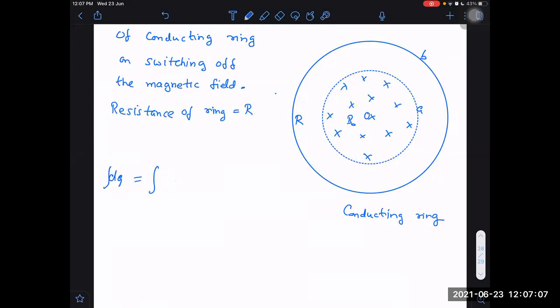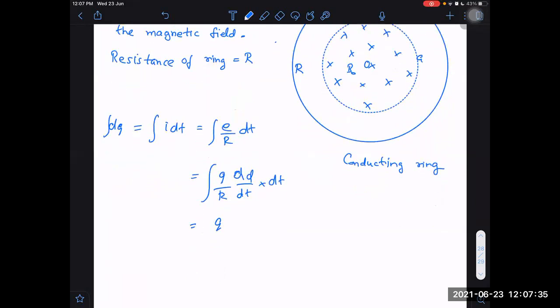I into dt integral, current into dt integral, which is equal to EMF, d phi by dt into dt, divided by r resistance, integral. Not Q, it is just one only.